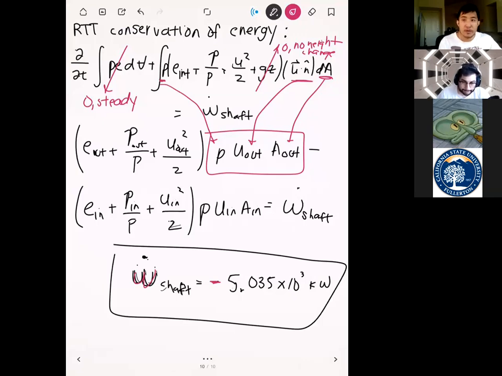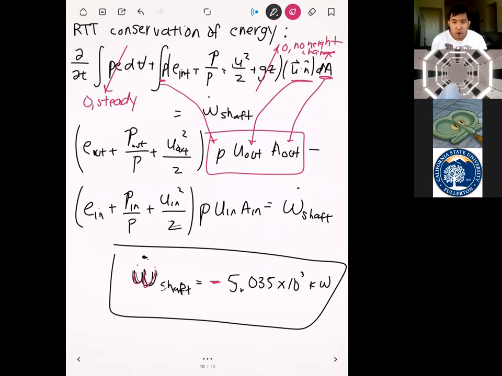For a pump, we have positive work because the fluid is gaining energy between the inlet and the outlet. And for a turbine, the shaft work is negative because the fluid is losing energy. So that's one good sanity check that you can do. Unless I ask you to determine if it's a pump or a turbine, most problems will say this is a pump or this is a turbine, and so you can use that information to check your work at the end.